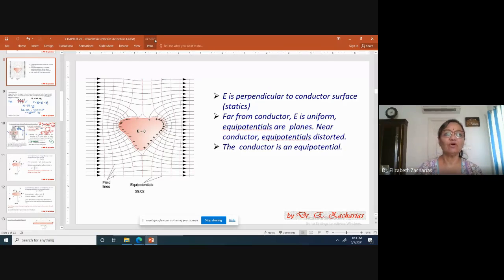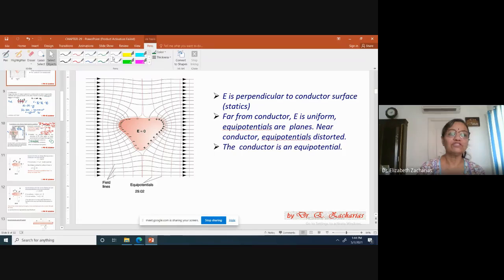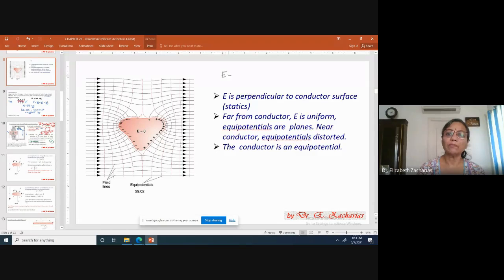And last class, we also discussed that E equal to minus dV by dr or dV by dl. Here, this just means distance. Now, if electric field is zero, this implies that V is the same everywhere. This is in electrostatics.